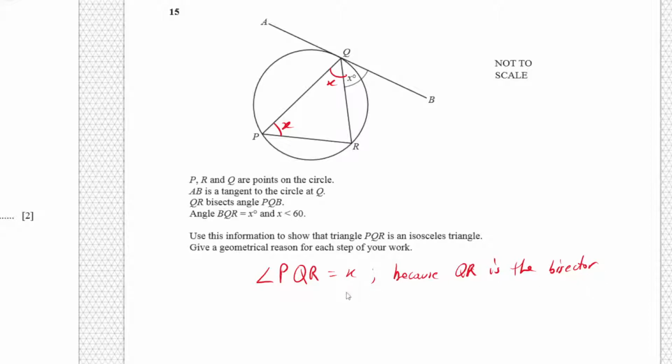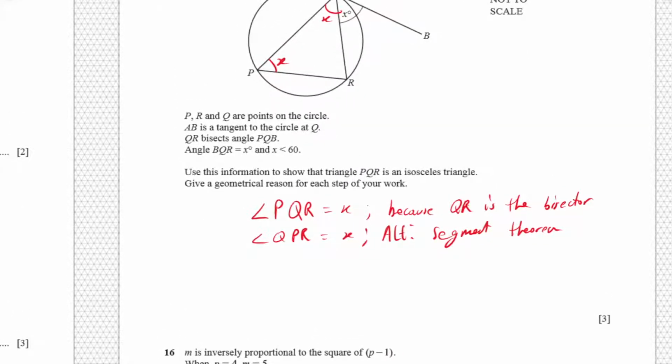The examiner will understand what you mean by that. And we can say angle QPR equals x as well, because of the alternate segment theorem. And how many marks is that? 3 marks. And also there's this information about x is less than 60.